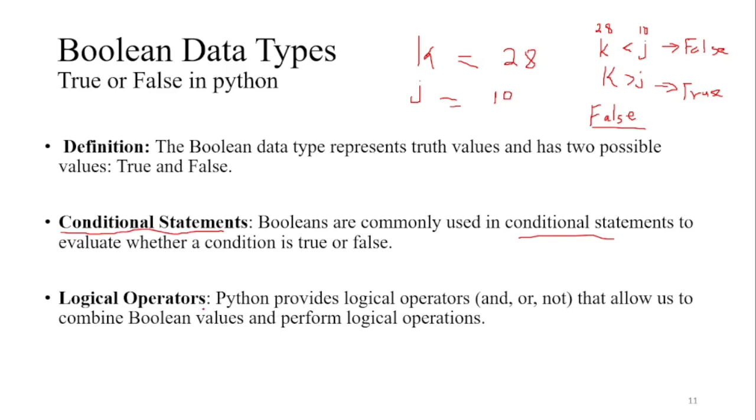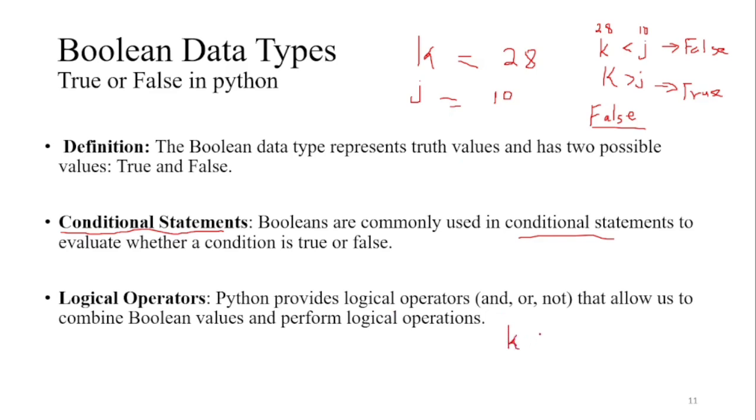We have logic operators. Python provides the logic operators and, or, not that allow us to combine Boolean values and perform logical operations. For example, we can assume we have a value K. So let's use these variables.